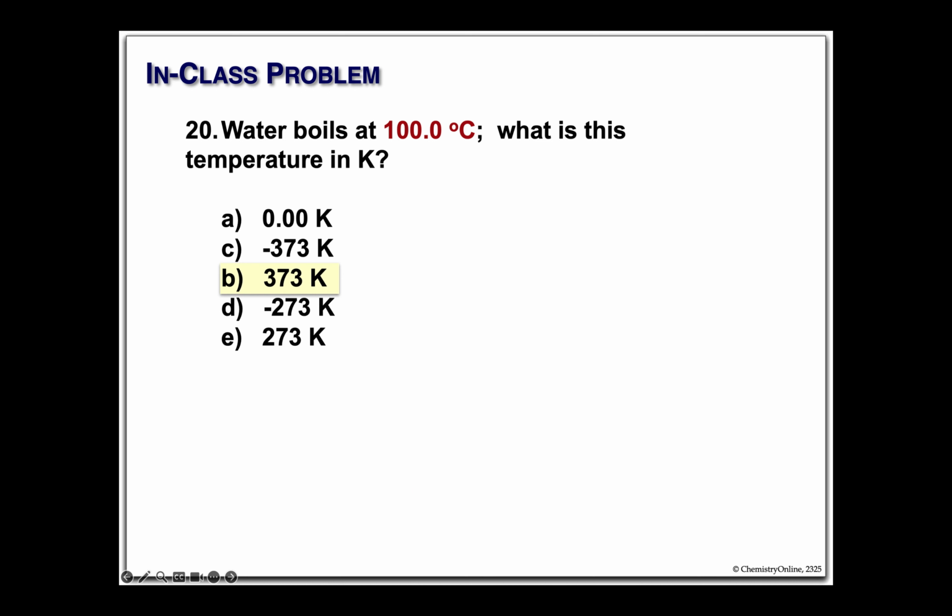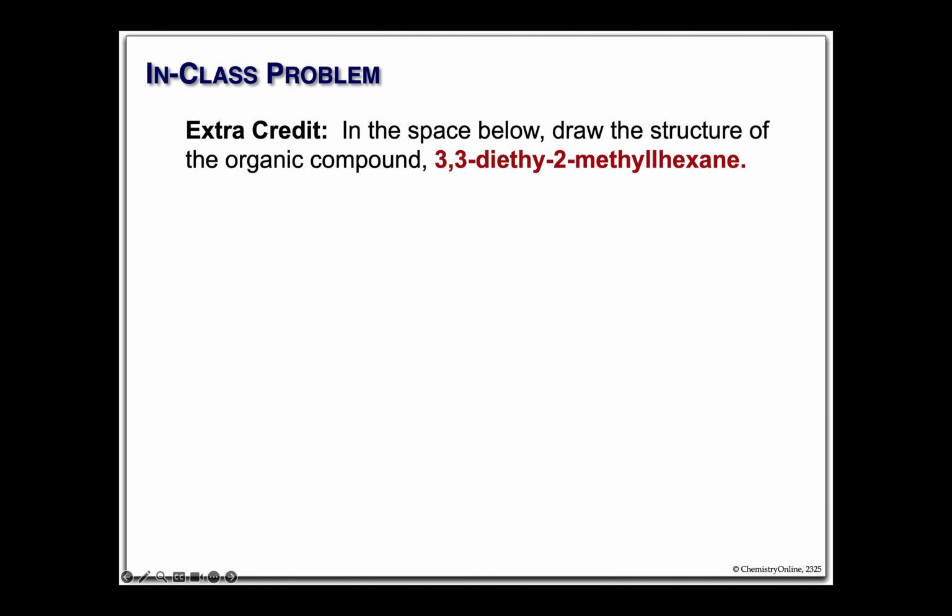And then finally, the long-awaited extra credit. We are going to draw the structure of 3,3-diethyl-2-methylhexane. On your exam, I will tell you now, because I've written it, you will be drawing a structure. So make sure you get this, okay?